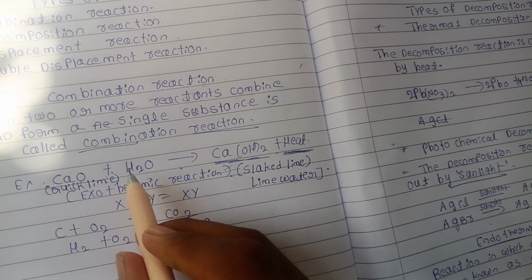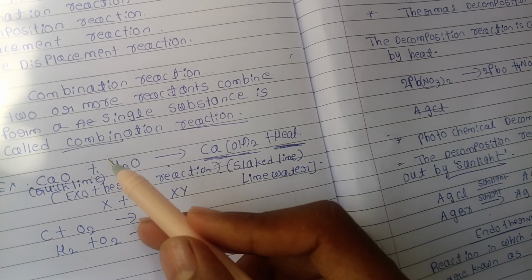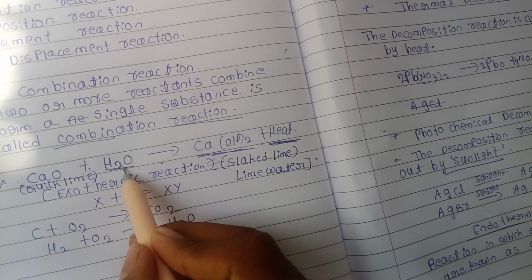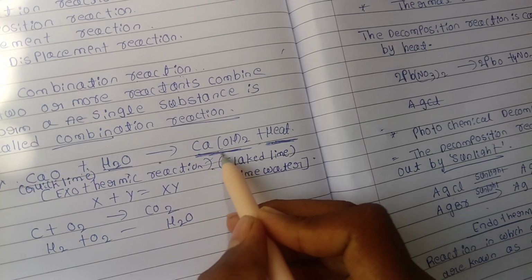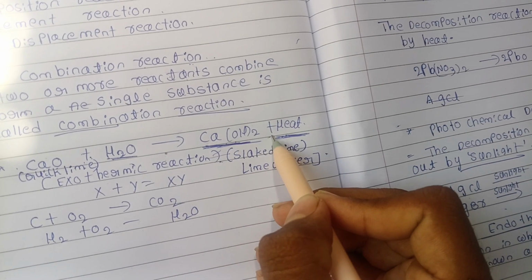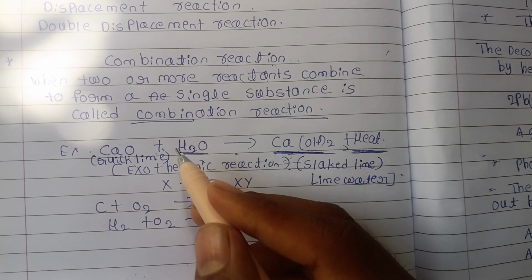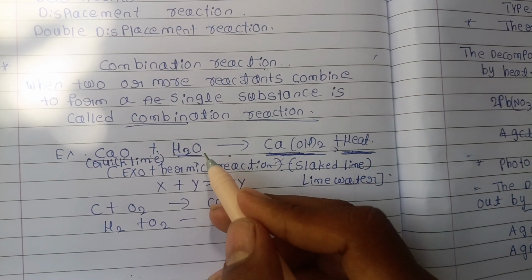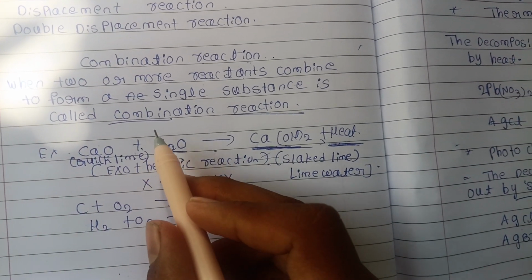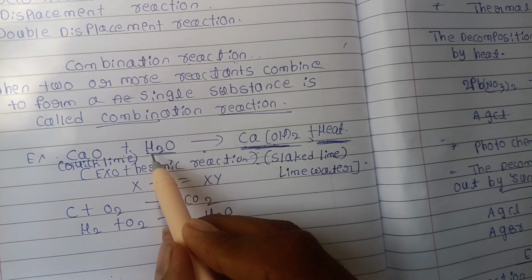So here, when calcium oxide reacts with water to produce calcium hydroxide, heat is released. The major thing to notice in the combination reaction is two or more reactants: one reactant is calcium oxide and another reactant is water.